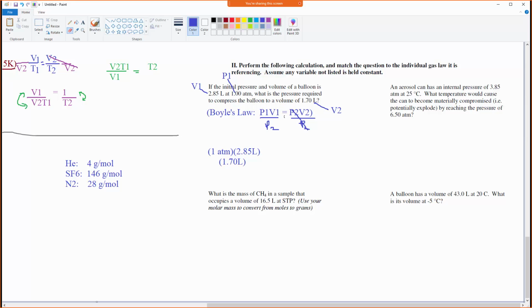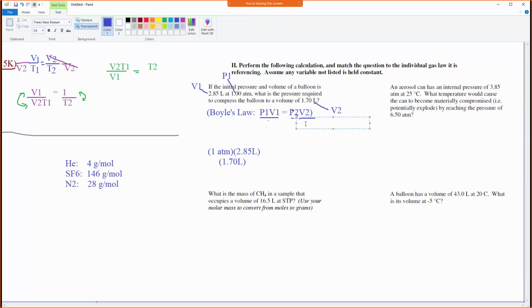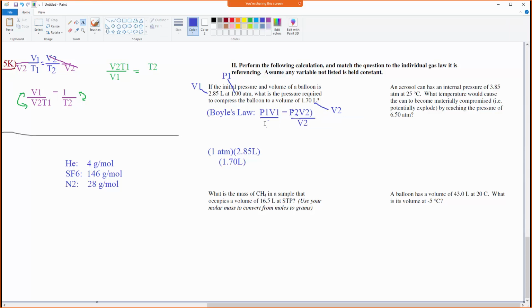Back up. We're going to divide both sides by V2. There we go. That's going to solve for P2. I plug it in.